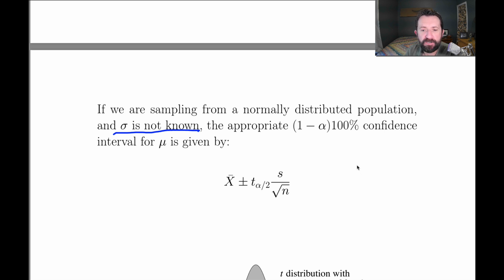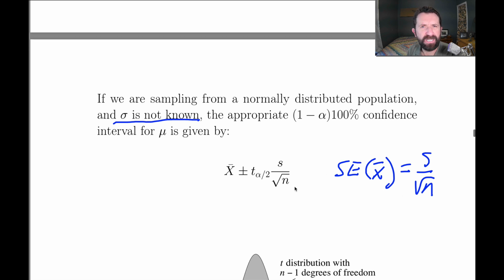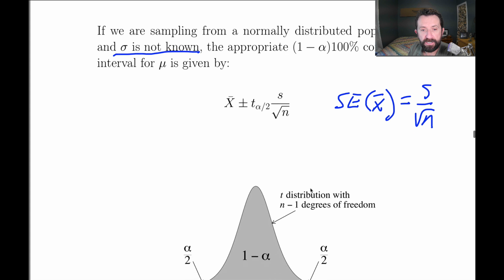S over root n is what we call the standard error of x bar. We learned that back in sampling distributions. That is our estimate of the standard deviation of x bar in repeated sampling. That standard error is going to come up in a lot of different scenarios, and we'll have different formulas, but of a very similar structure involving the standard error.